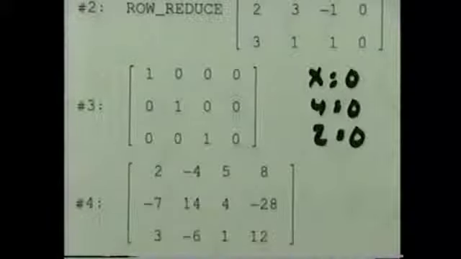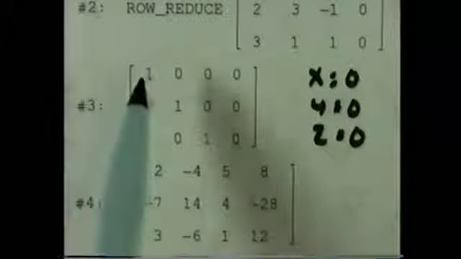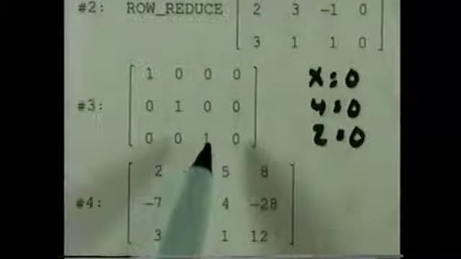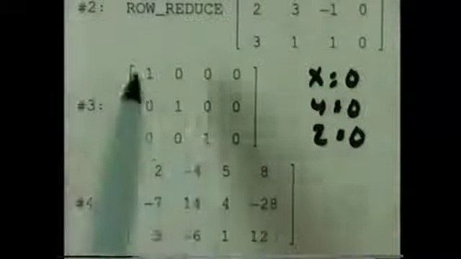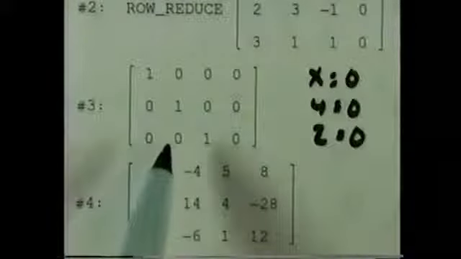Now let's notice something. Let's go back to the rank of A, which would be the dimension of the row space. The row space would have dimension 3, because I have 3 non-zero rows. So the rank of A is 3.